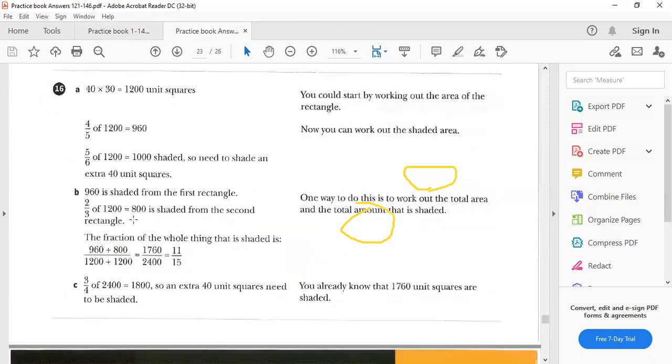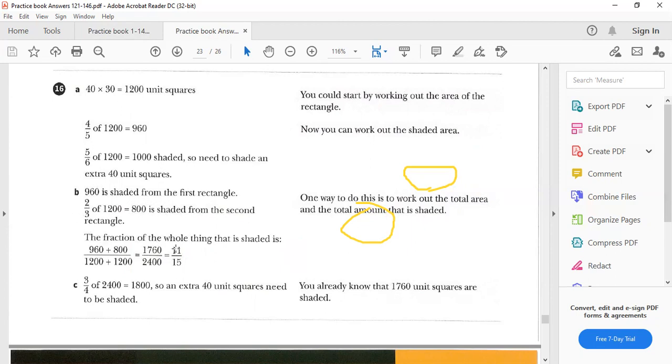So let's look at it. 960 is shaded on the first rectangle as we found here. Then 2 by 3 of 1200 is the same, because we put the same, so that is equal to 800 shaded of the second rectangle. We need to add them.